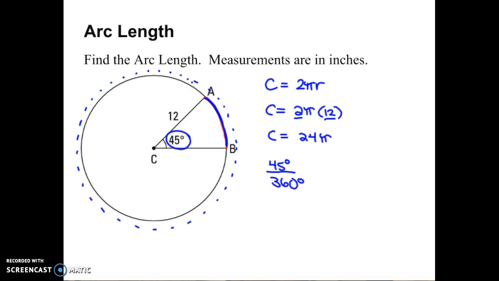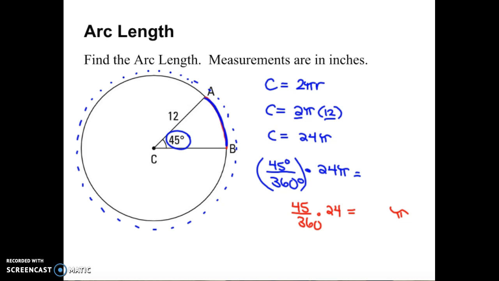I'm going to take that fraction of the circumference, so of 24 pi, and I'm going to go ahead and multiply that together. Okay? Now, I'm going to leave pi in my answer. If they want me to leave pi in my answer, really all I'm going to do is multiply 45 over 360 times 24, and I'm going to write that answer, whatever that is, next to pi if I want to leave pi in my answer.